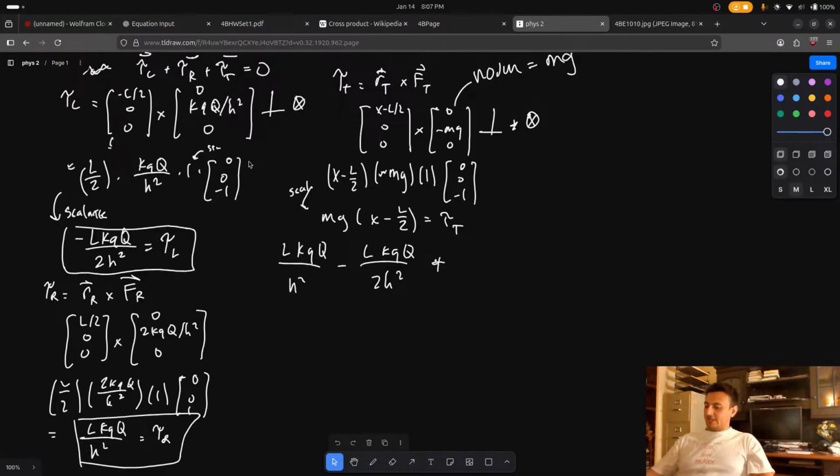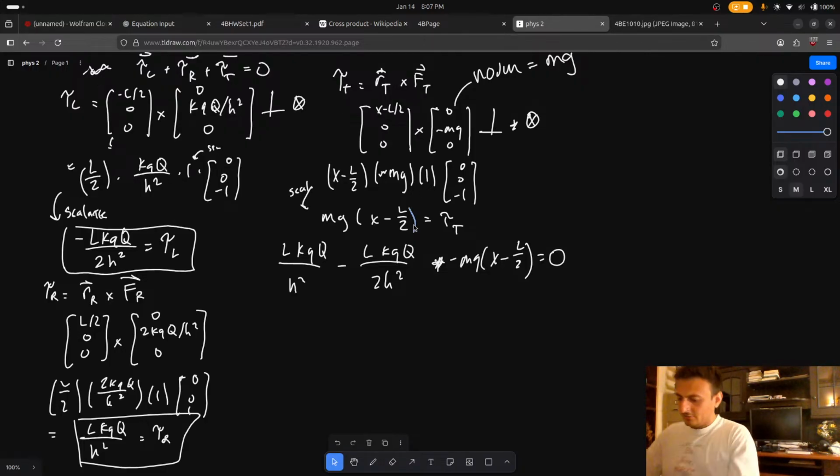That could bite you for sure. Okay, I got it. Then this is going to be minus mg times x minus L over 2 is equal to 0.